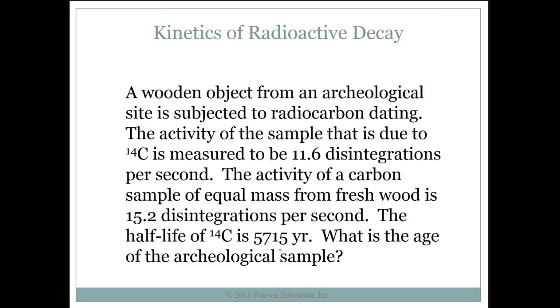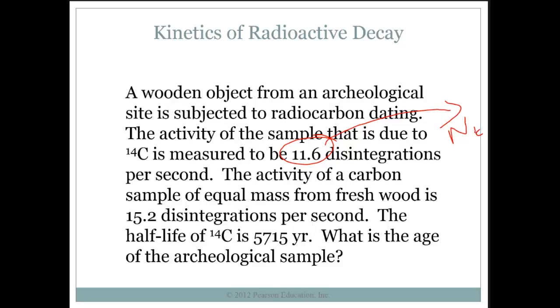Alright, so let's do a practice problem. A wooden object from an archaeological site is subjected to radiocarbon dating. The activity of the sample that is due to carbon-14 is measured to be 11.6 disintegrations per second. That's going to be our Nt.